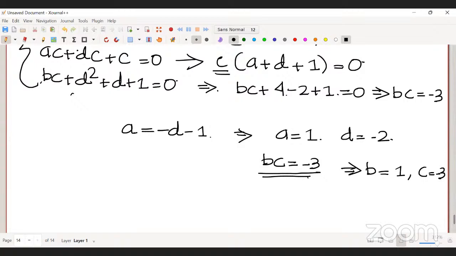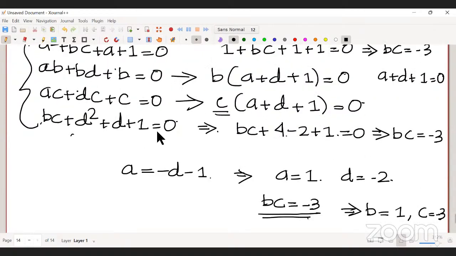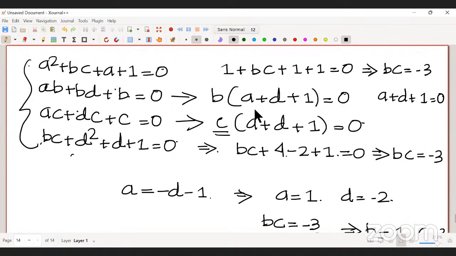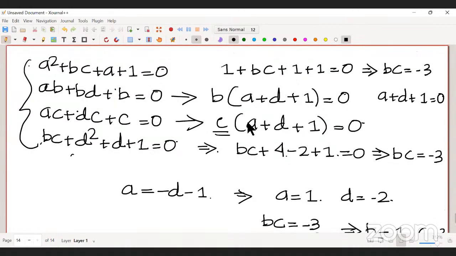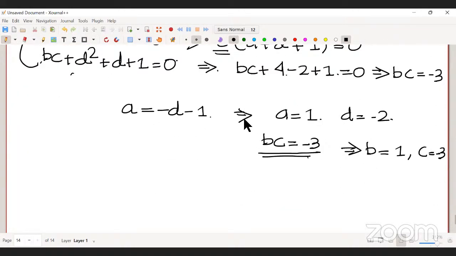We can also put the values of A and D in the second and third equations, and you will not get anything new, right? So now if you take this matrix, most likely it will satisfy the condition.